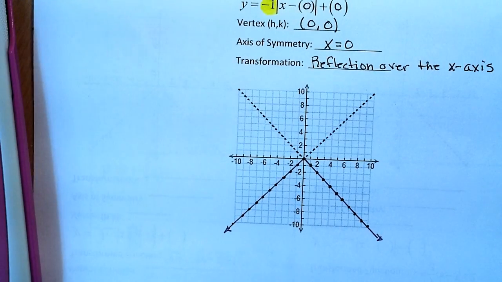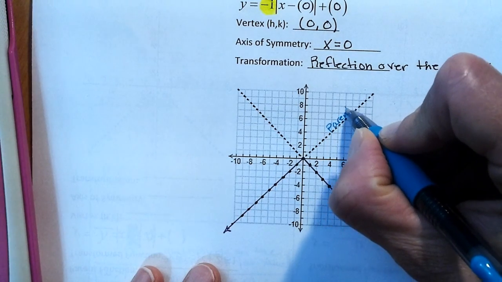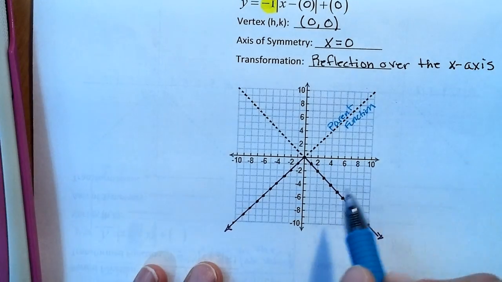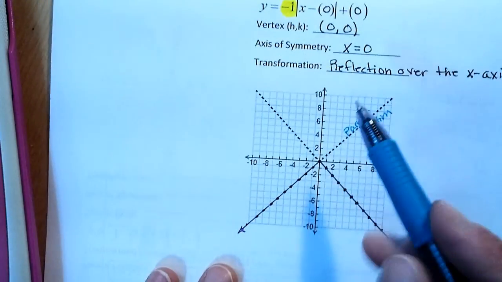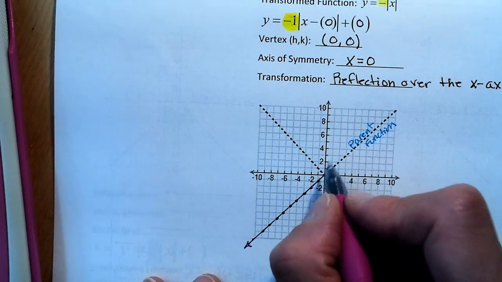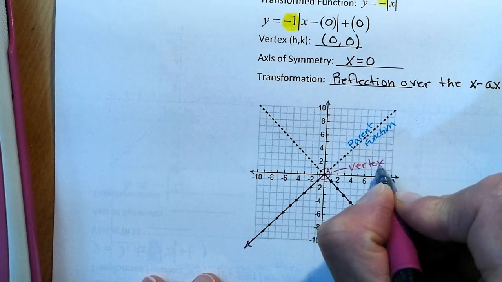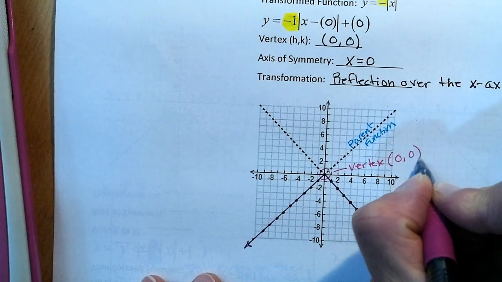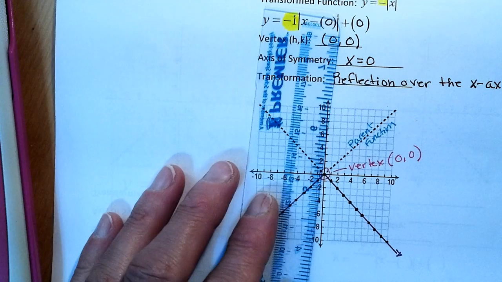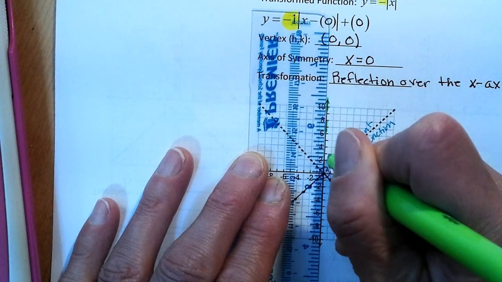Okay, so remember, this one here was my parent function, and this was the function of negative absolute value of x. My vertex is right here. That's my vertex, and that's at (0, 0). And I also had an axis of symmetry, which also happened to be here.